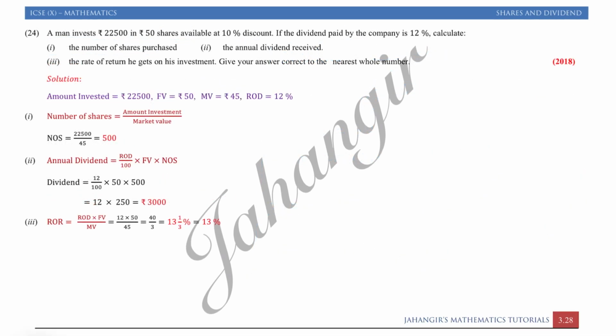Question 24. A man invests rupees 22,500 in rupees 50 shares available at 10% discount. If the dividend paid by the company is 12%, calculate the number of shares purchased. So let us write info first.